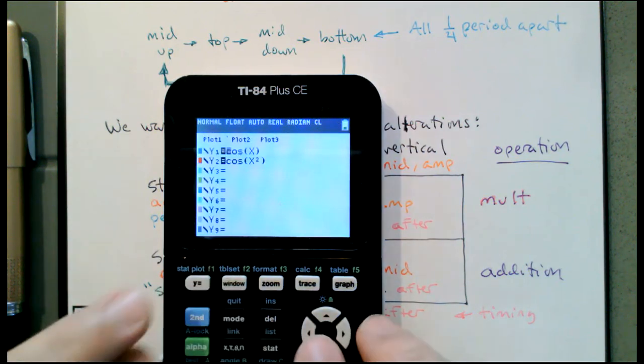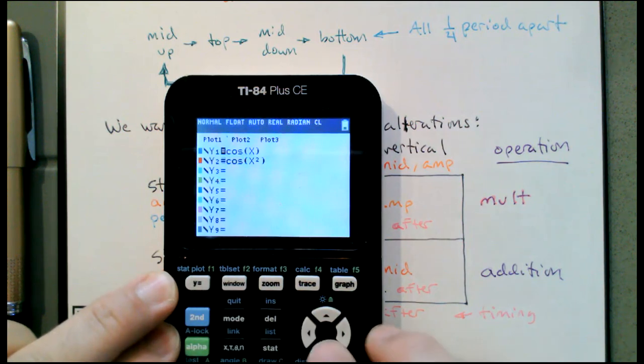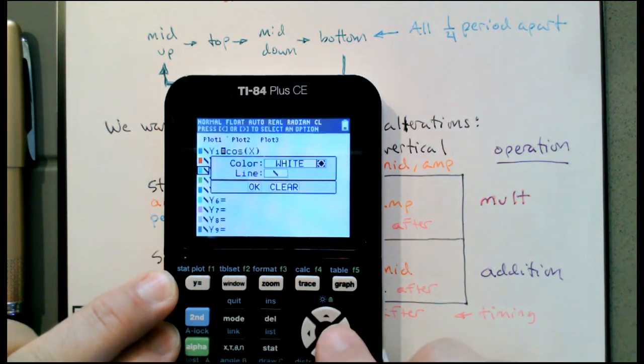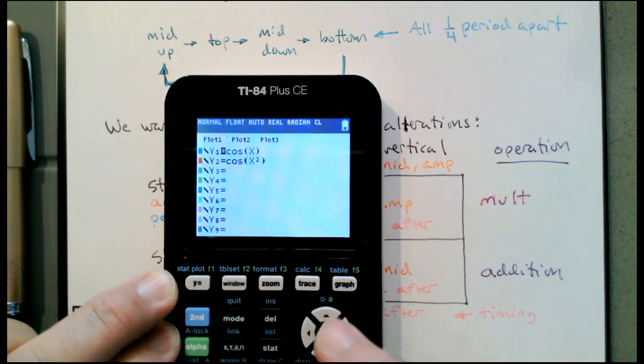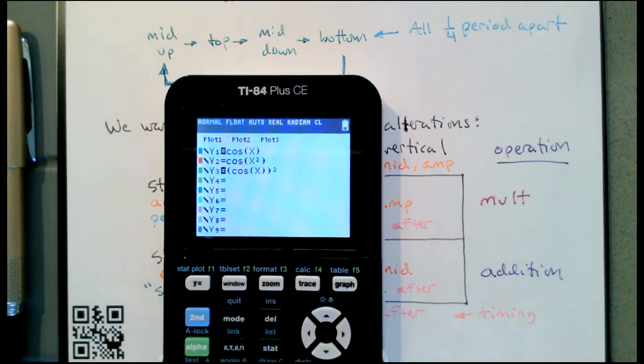However, if I instead do the squaring afterwards, if I take cosine of x and then square it, now I'm doing the square operation after the trig function, I should see some kind of vertical change.